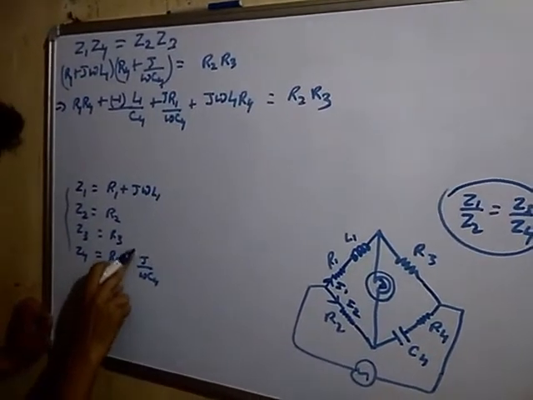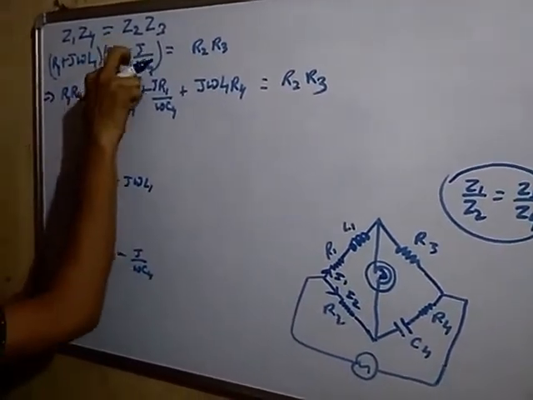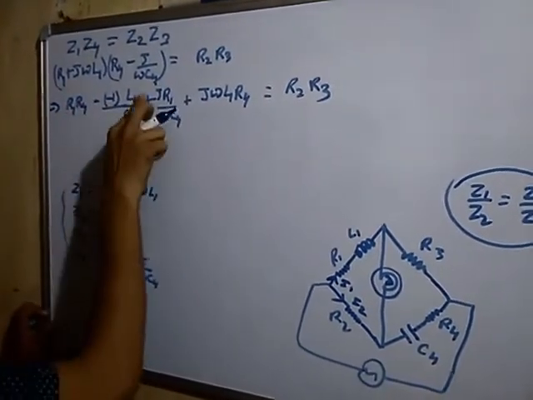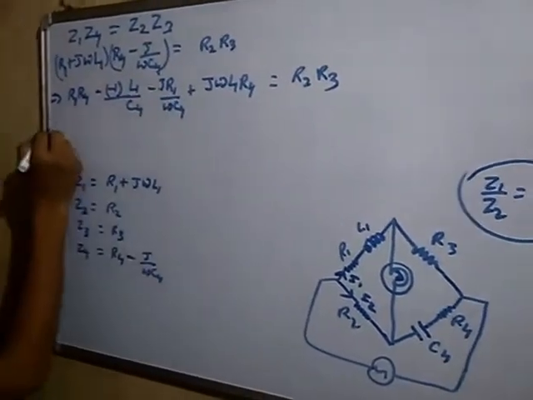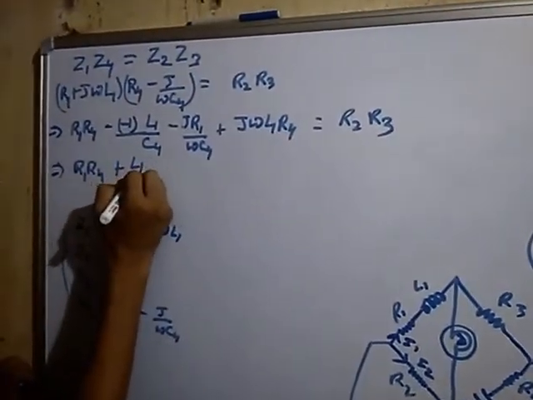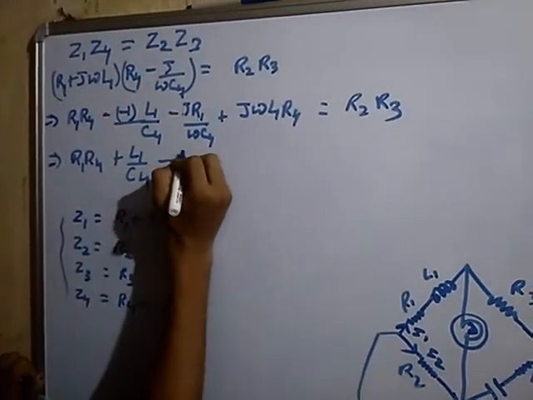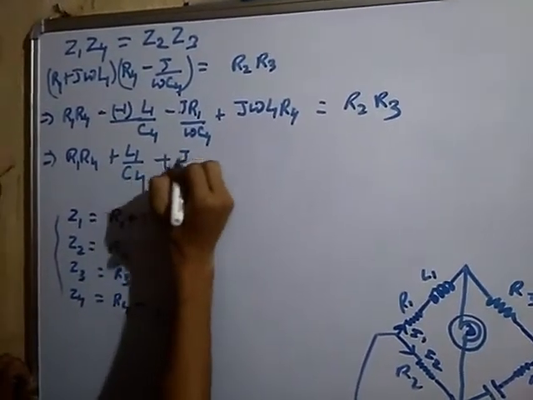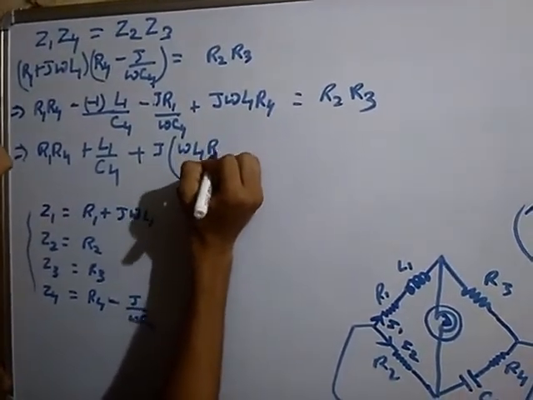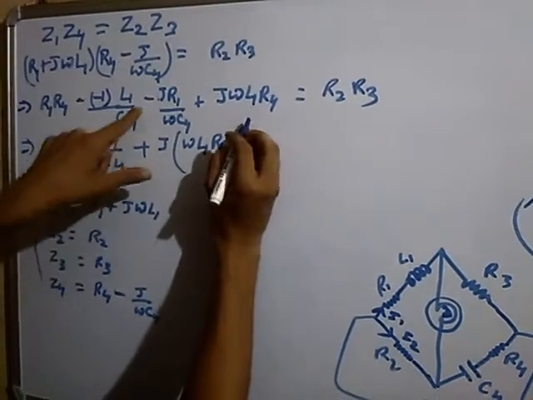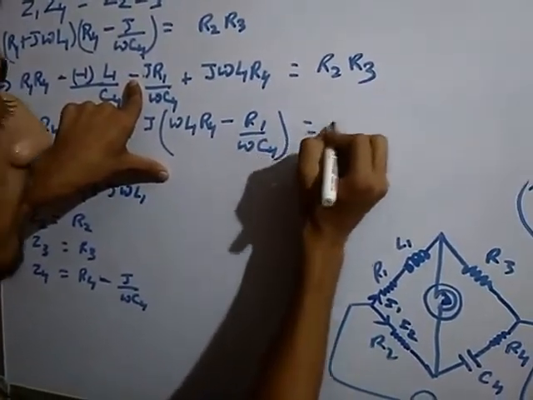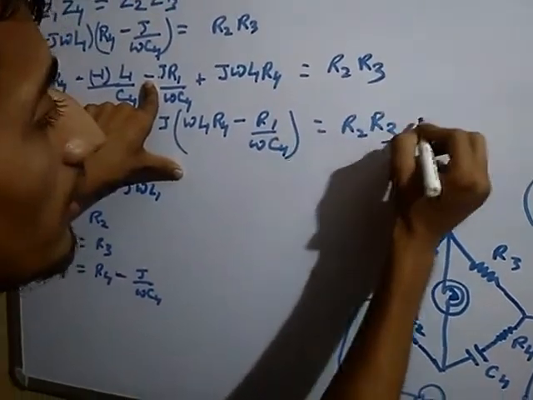Here the sign will be minus, sorry, this is minus, this will be minus, and again here minus, and this is equal to R1 R4 plus L1 upon C4, minus j common plus j common, and omega L1 R4 minus R1 upon omega C4 is equal to R2 R3.